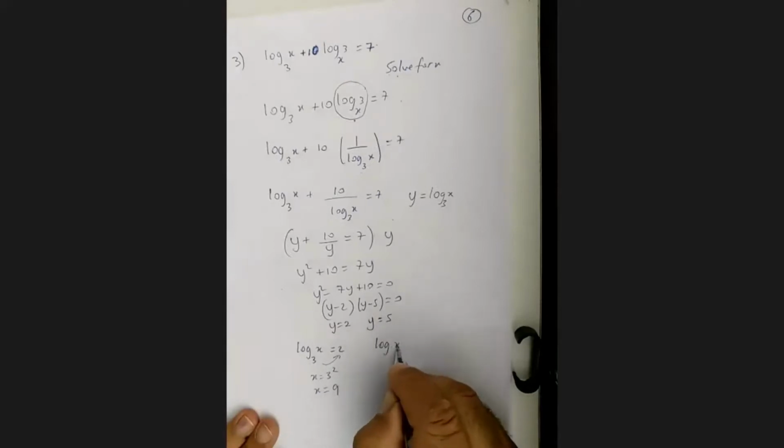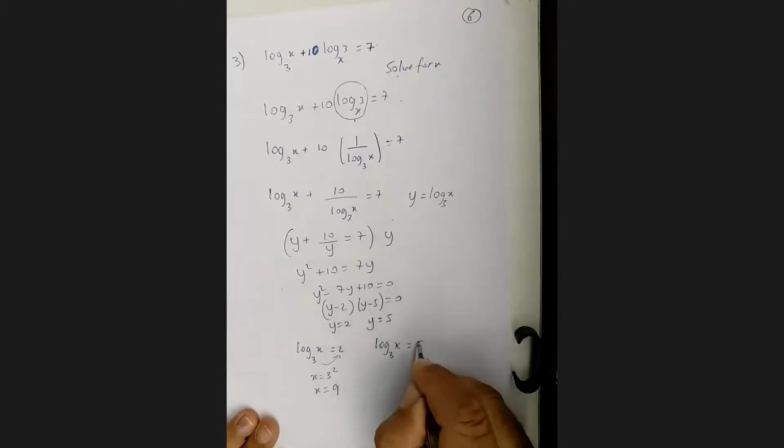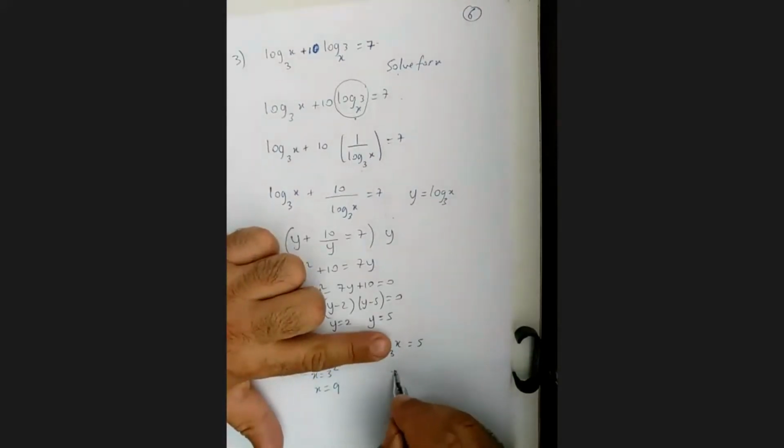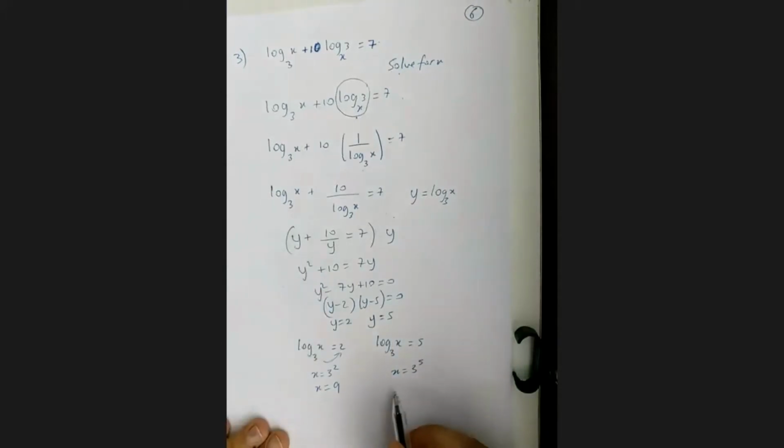Logarithm of x to base 3 is equal to 5. So close that block. x is equal to 3 to the power of 5, and x is equal to 243. 3 to the power of 5 is 243.